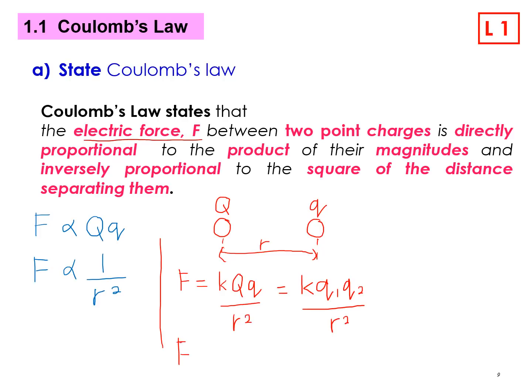Or we can write the electric force in another form, where we substitute the K. K represents the proportionality constant or Coulomb constant, which is K itself is 1 over 4 pi epsilon naught.